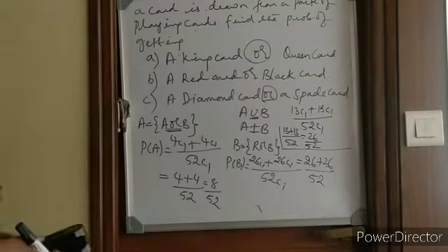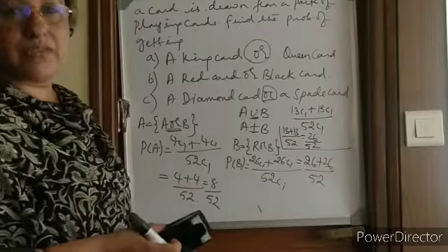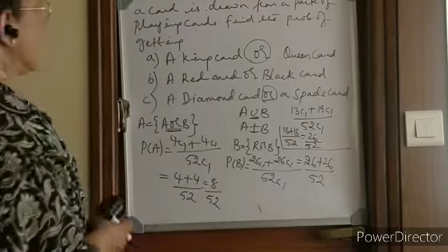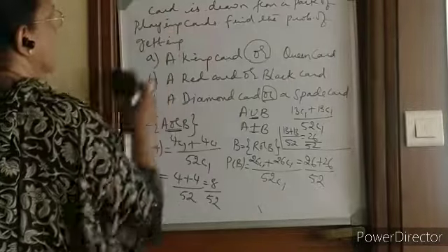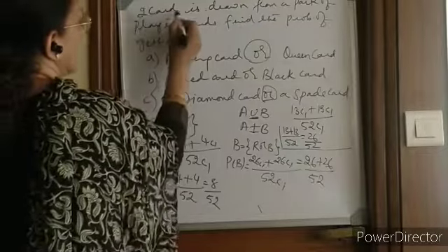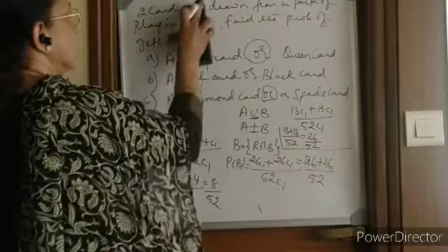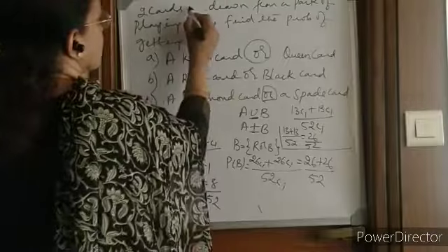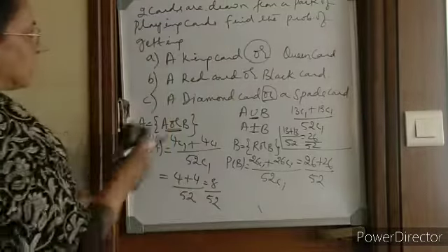Now the next concept we will be using is intersection. So if that is the case, the question will become now, see, 2 cards are drawn from a pack of cards.